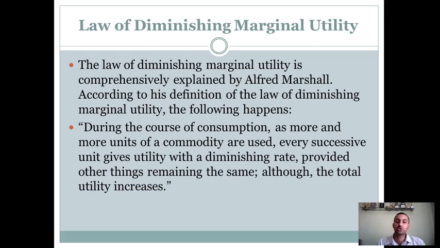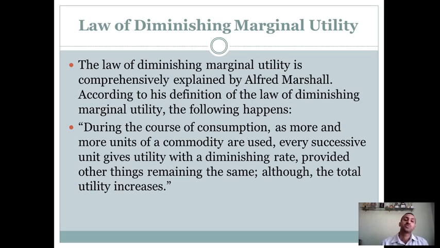One question is for sure on this law. What does this law say? During the course of consumption, as more and more units of commodity are used, every successive unit gives utility at a diminishing rate, provided other things remain the same, although the total utility increases.